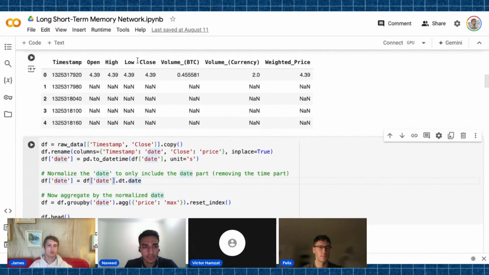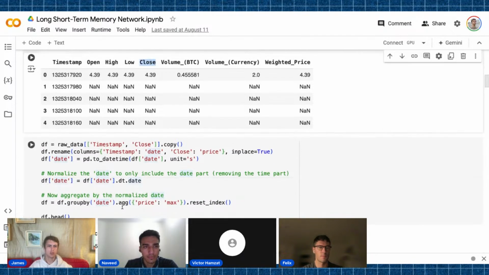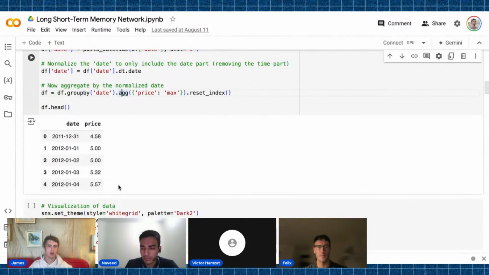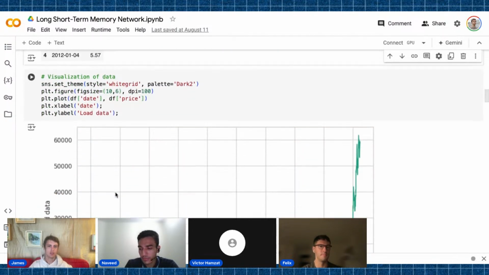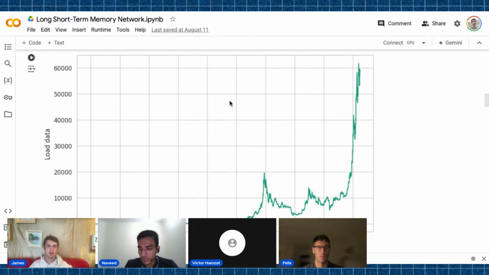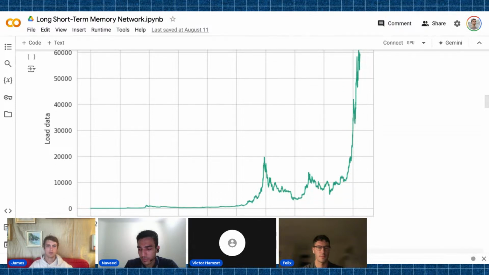There should really be one closing price per day anyways. Then I put that into a simpler data frame that looks like this, where it's just a day and a price. If we visualize that, we see here the wild ride of Bitcoin price over time.